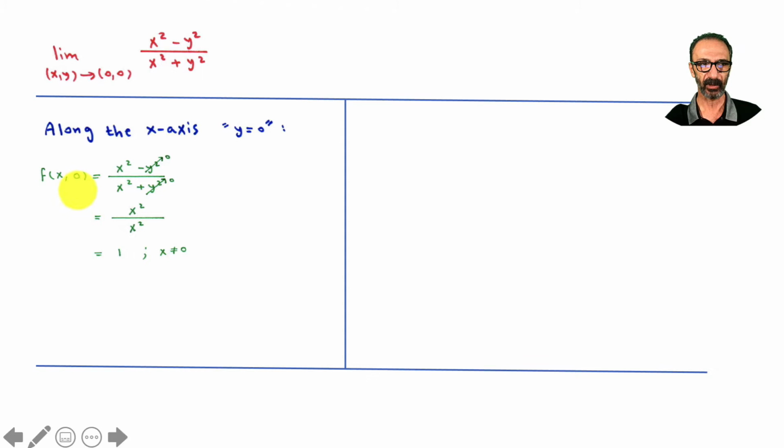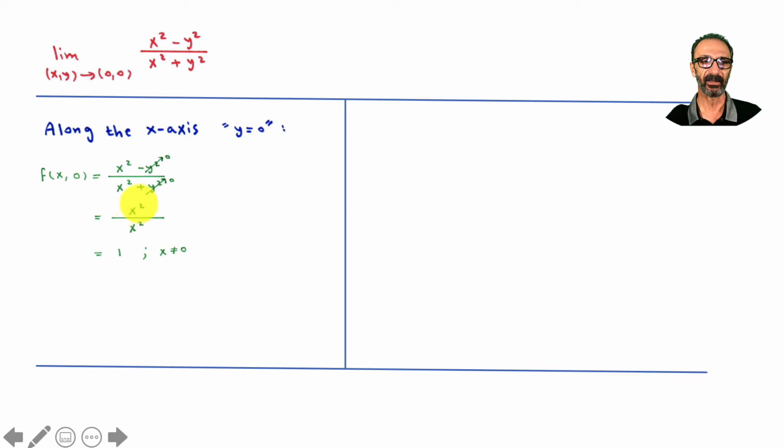Our function, before I apply the limit, you could just say, you know what, I'm just going to put y equals 0, because along the x-axis, y equals 0. So this is gone, so the negative did not do anything for me. I end up with x squared over x squared, which simplifies to 1. Now I could simplify this. Why? Because x approaches 0 and x cannot equal 0.